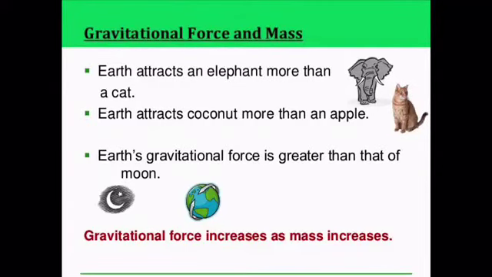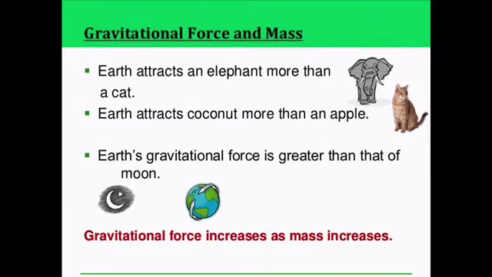Here are some examples. Earth attracts an elephant more than a cat, because the elephant has more mass than the cat. Earth attracts a coconut more than an apple. Again, the reason is the same. The gravitational force of the earth is more than that of the moon.